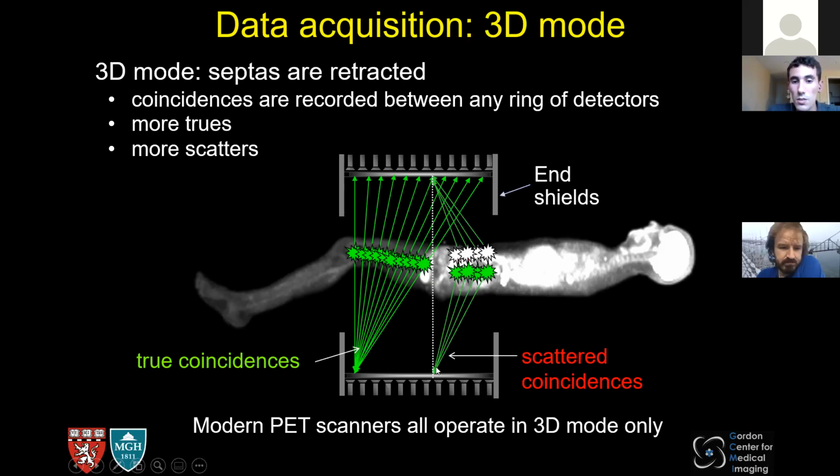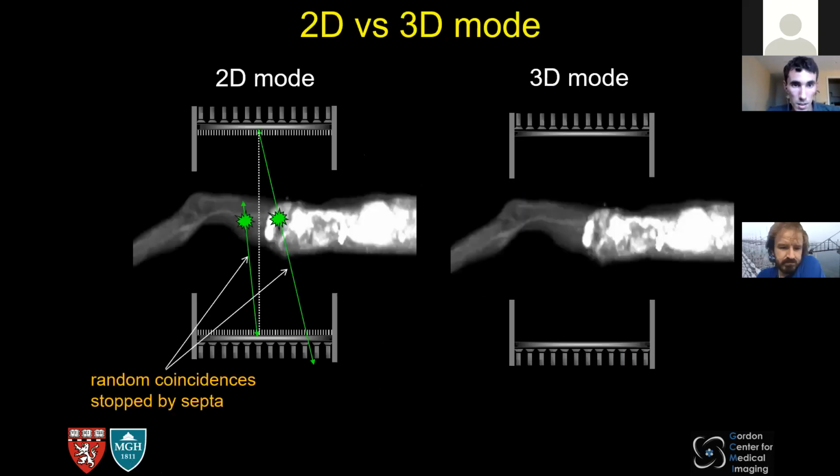So the scatter fraction of the 3D mode, the number of scatters divided by the total number of coincidences, is going to be higher for 3D as compared to 2D mode. So you're going to have more scatters for more trues, but also more scatters for the 3D mode as compared to the 2D mode. So what about randoms?